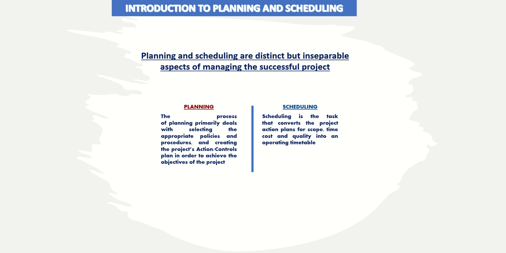This is something similar to what I explained in the previous slides, but if you quickly look at those two terminologies: the process of planning primarily deals with selecting the appropriate policies and procedures, and creating the project actions and controls plan in order to achieve the objectives of the project.